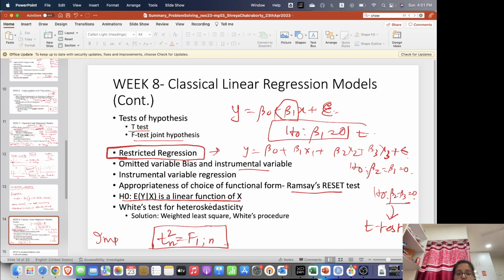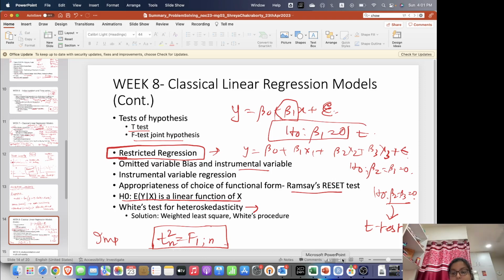So I'm going to show you how you can do Ramsey's test and White's test for heteroscedasticity in a little while. White's test is for testing heteroscedasticity, and Ramsey's RESET test is to test whether the linear functional form choice is the correct one or not.